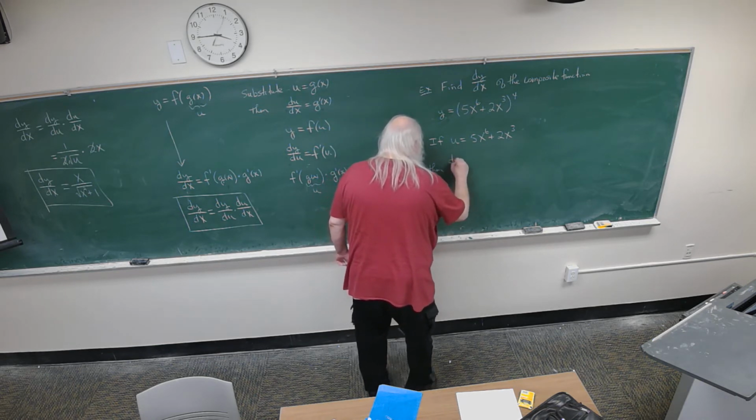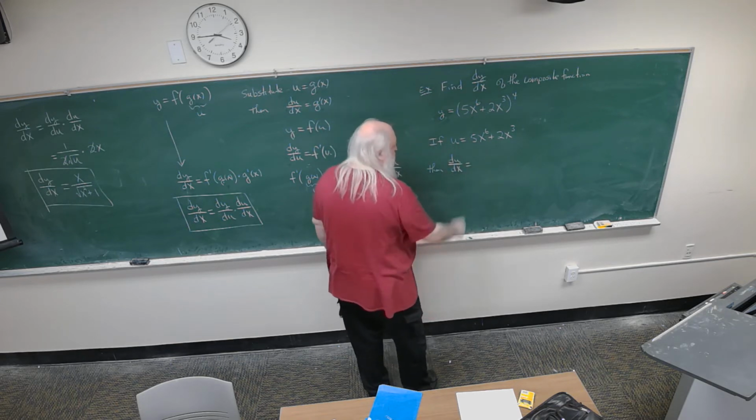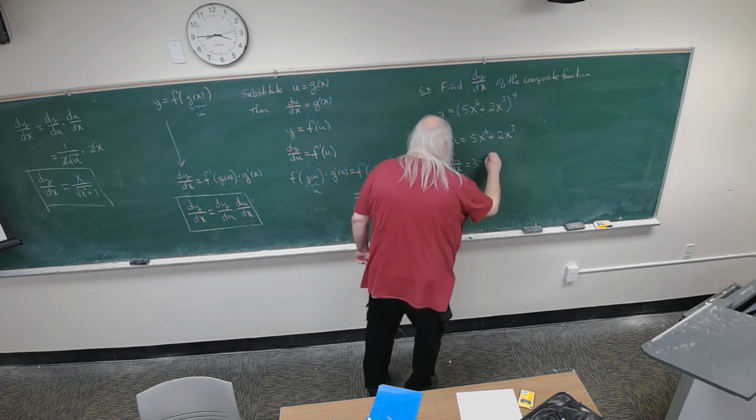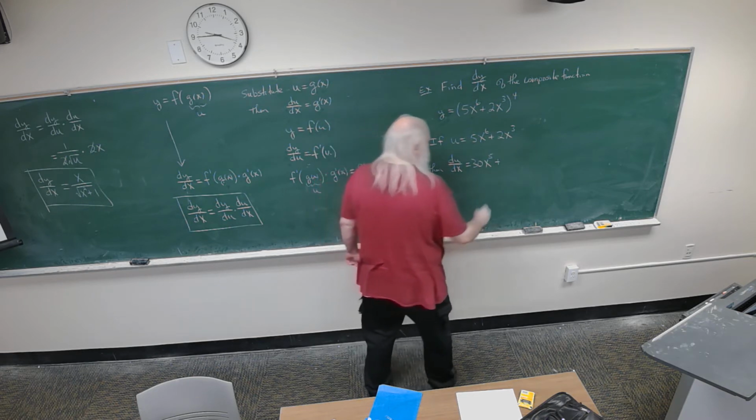Now the derivative of u with respect to x, right? Derivative of 5x to the 6 is 30 times x to the 5th. And the derivative of 2 times x cubed is 6x squared.